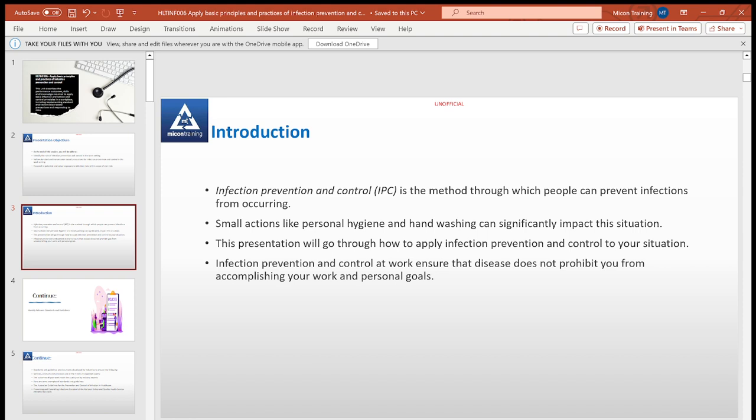If you're working in an aged care, there might be some time that some of your clients, or even during the past COVID, we understand that COVID is a very infectious disease. However, when we follow the right policies and procedure, it does not stop us from accomplishing our work, nor does it stop us from achieving what our personal goals are.